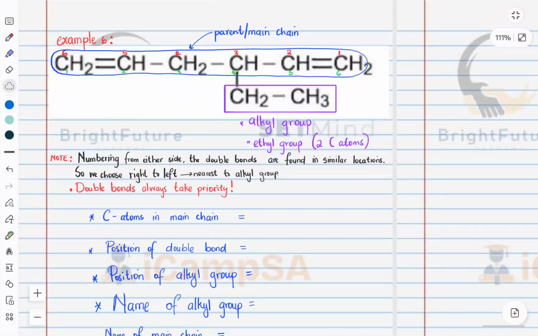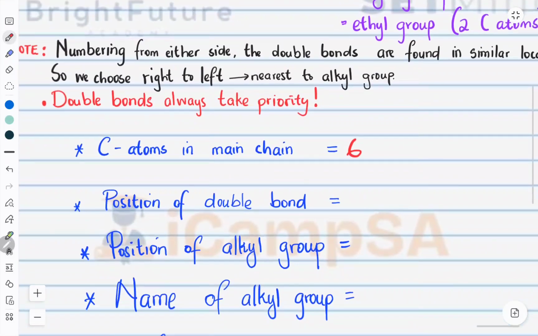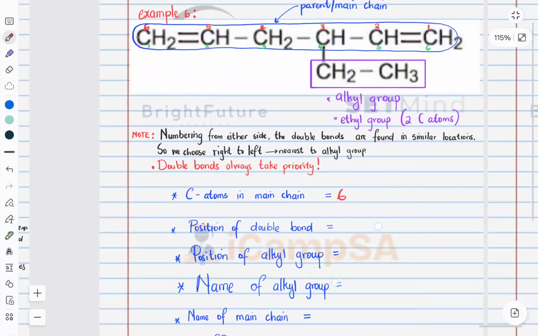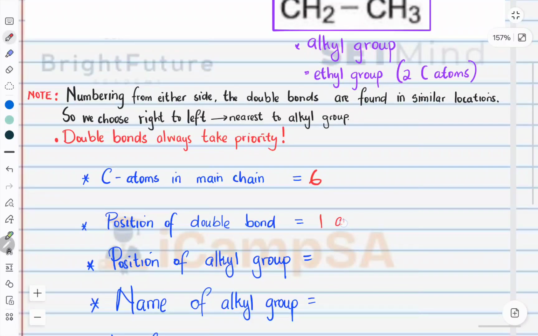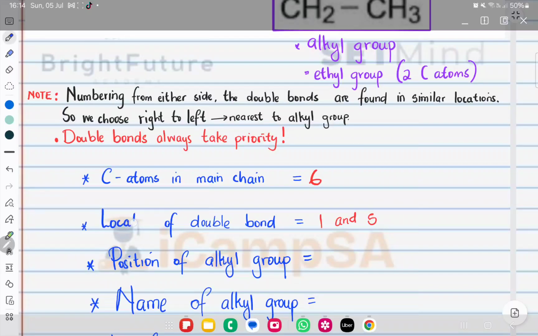All right, so we have six carbon atoms in the main chain, so we can put that there. 6. The position of the double bonds, they are 1 and 5. Location 1 and 5. In fact, I think we should opt for location and not position.